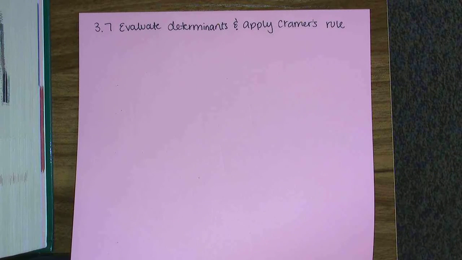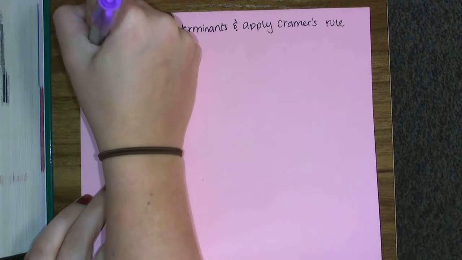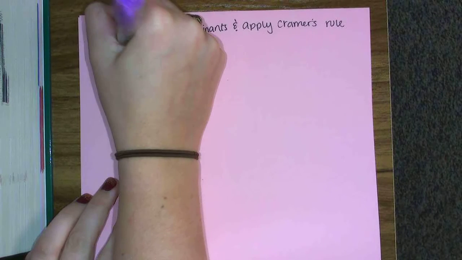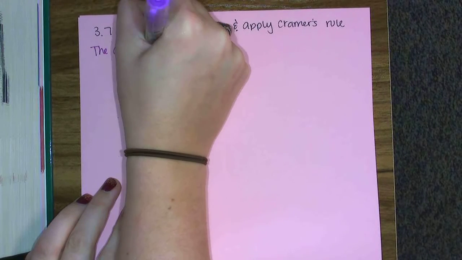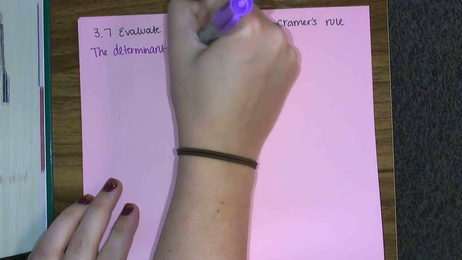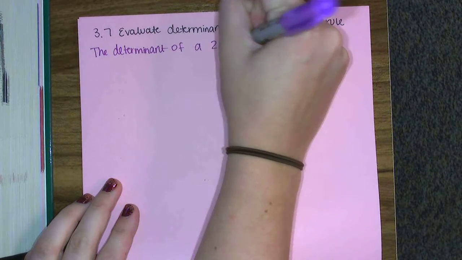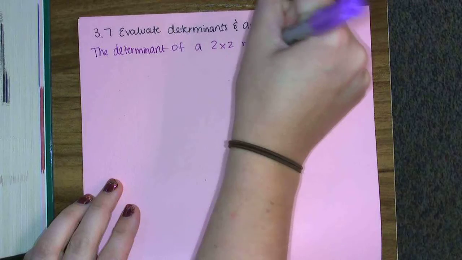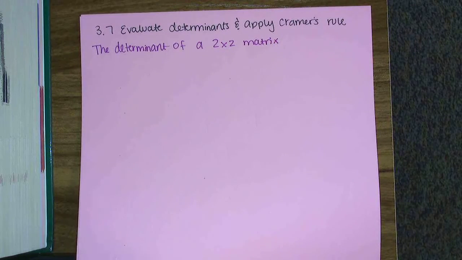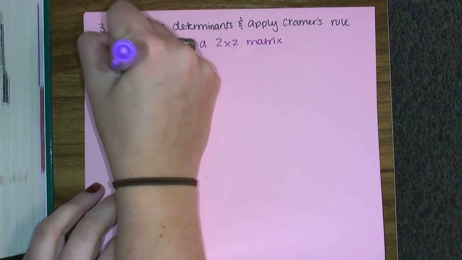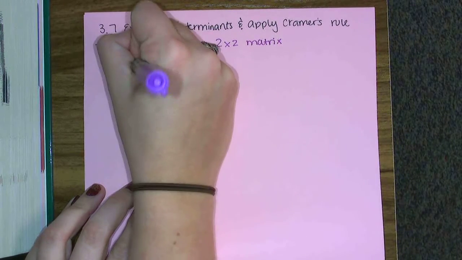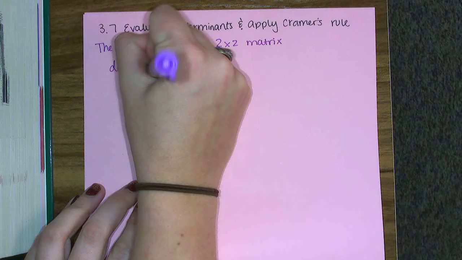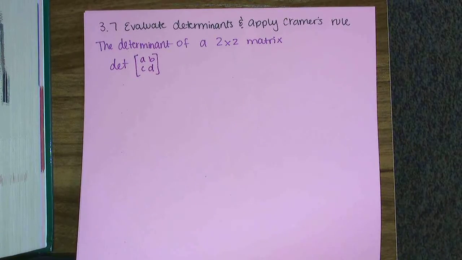Alright, the determinant of a 2 by 2 matrix. Okay, so we write it as the determinant, so DET, and then the matrix A, B, C, D. Okay, so it's a 2 by 2.